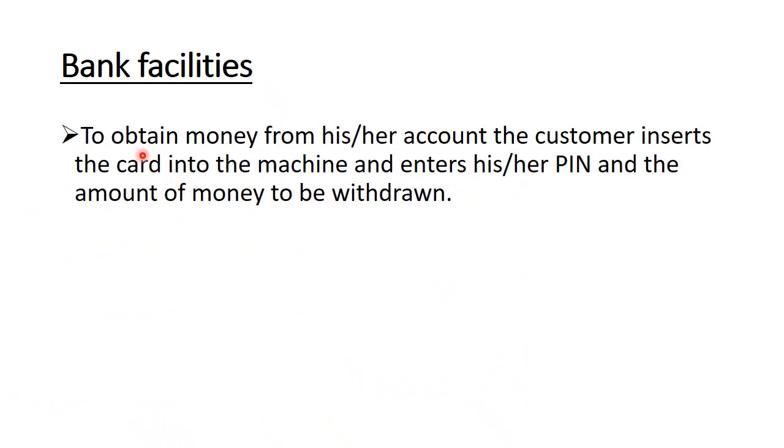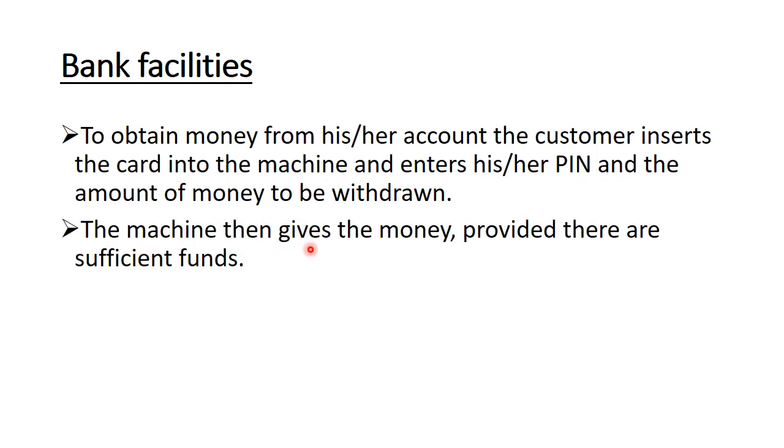The process to obtain money from his or her account is this: the customer inserts the card into the machine, then enters the PIN, and also the amount they want to get. Those are the steps. Then the machine will give the money provided there are sufficient funds. Sometimes ATMs don't have money, but if they have money, they are going to give it out.